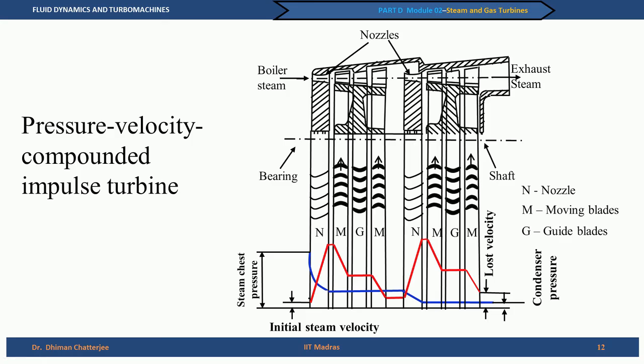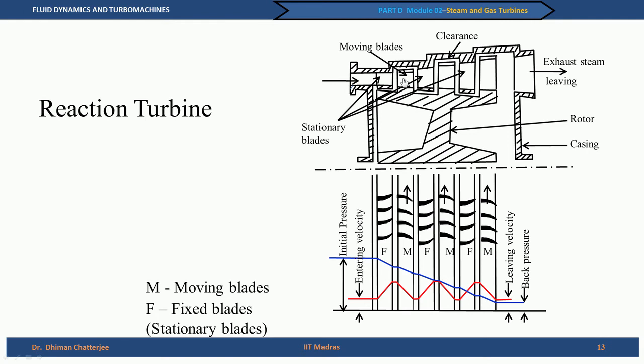But a steam turbine need not always be an impulse turbine, and we can have what is known as the reaction turbine. In the case of the reaction turbine, the general case, we have a stator or stationary blades or fixed blades or guide blades, and the moving blades. So, we have the usual arrangement of fixed blades, moving blades, fixed blades, moving blades, and so on and so forth.